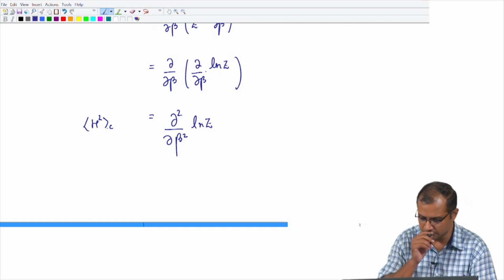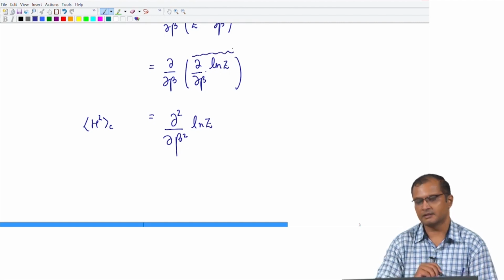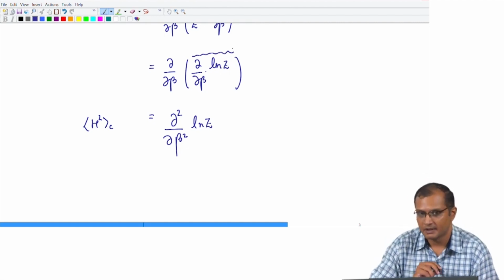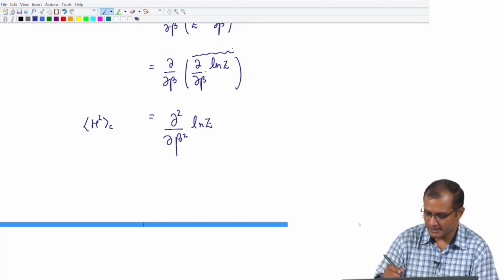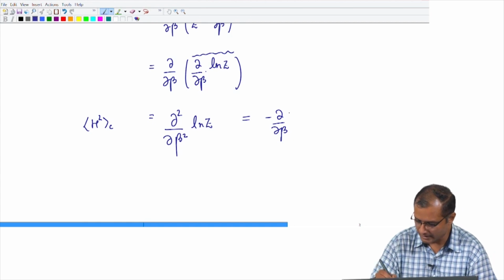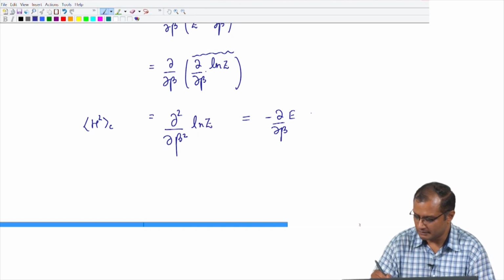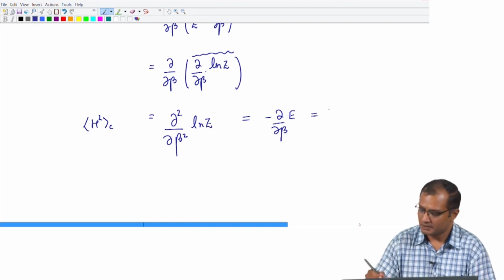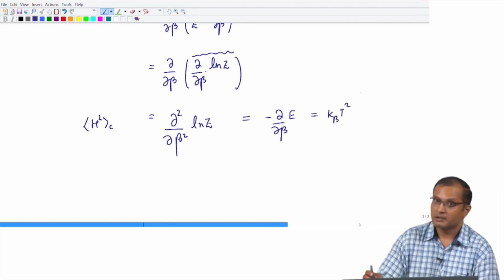Now, we can actually see that this quantity here itself is a known quantity. So, this is like the negative of the energy. So, I can write this as negative d over d beta of energy or mean energy, and I know that d over d beta is negative k T square d by dT.